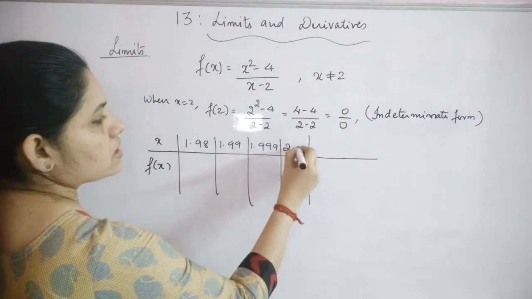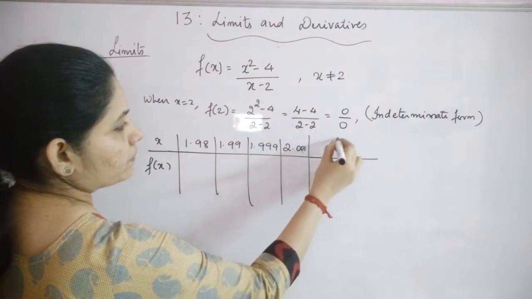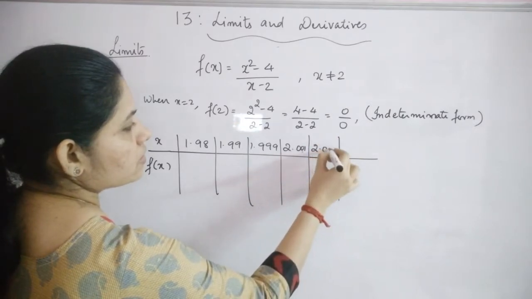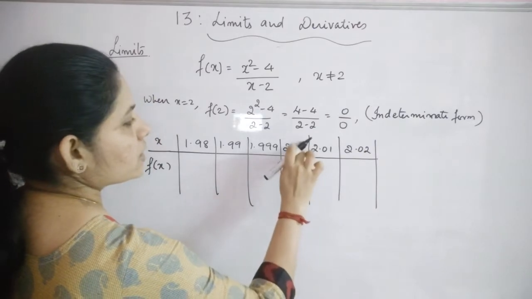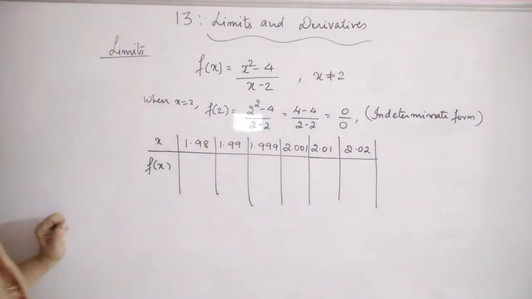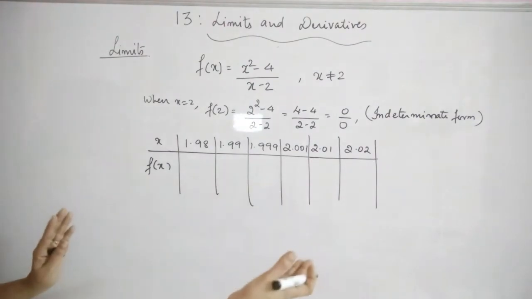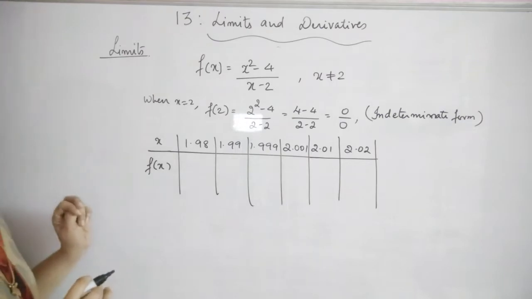So let us take 2.001, 2.01, 2.02. These are values which are very near to 2 but greater than 2. Now what will happen to the function?